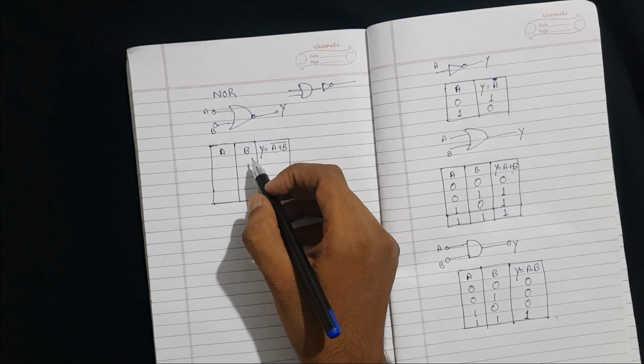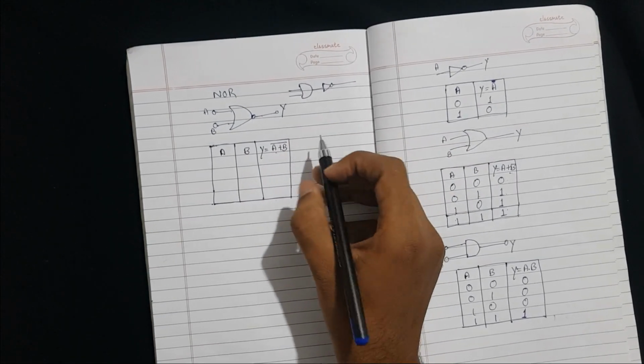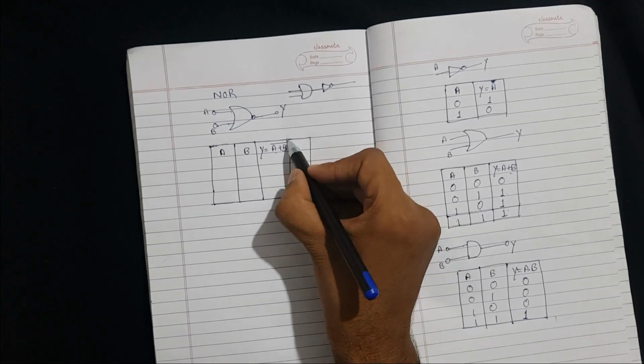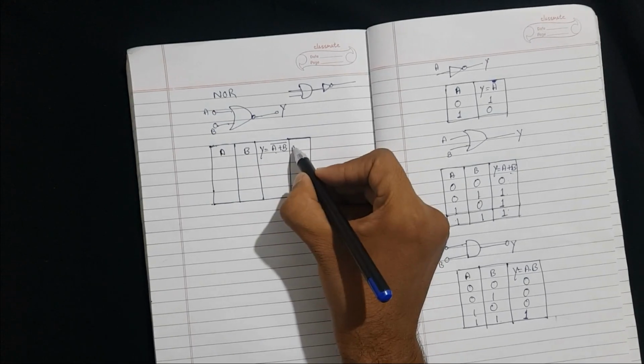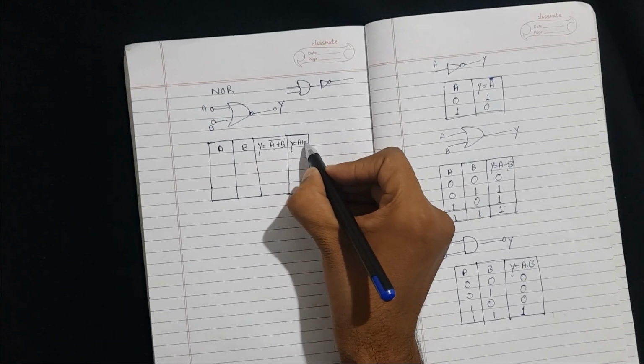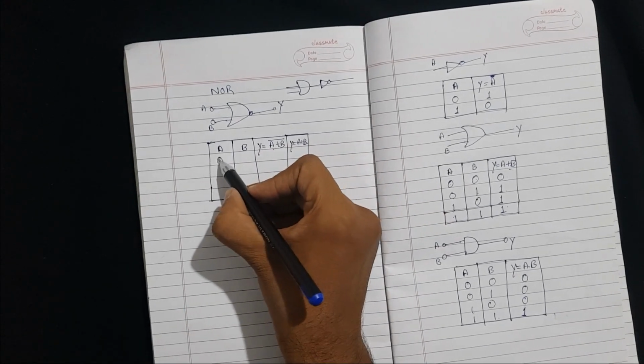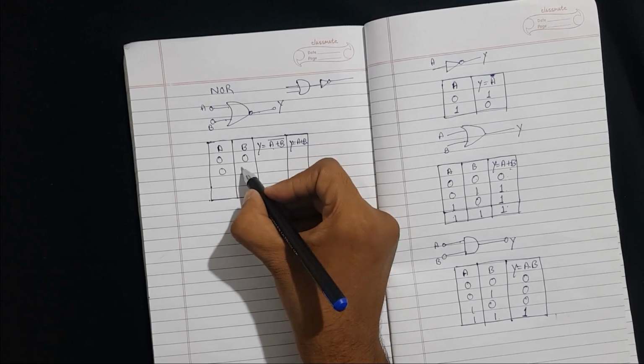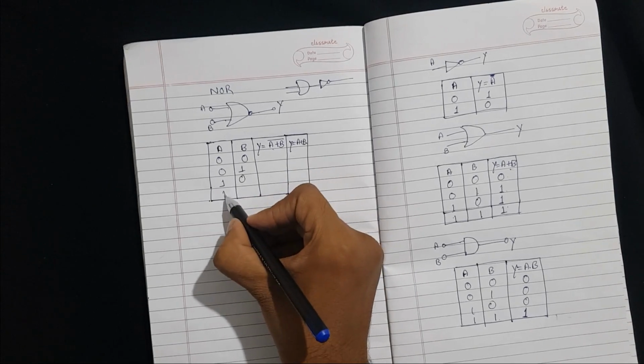Okay, let me add the OR gate too, and we'll try to build it. This is the OR gate. We have four possibilities at the input. Again, let me write it.